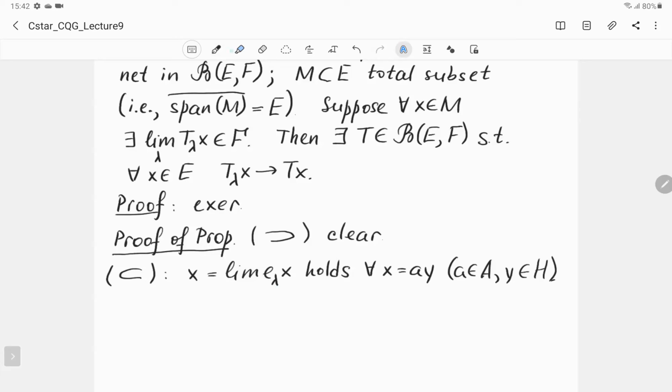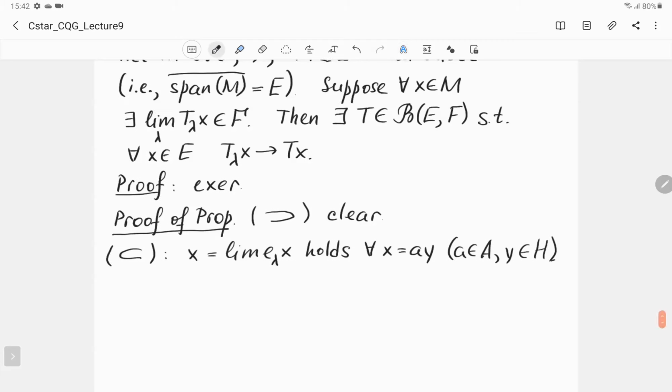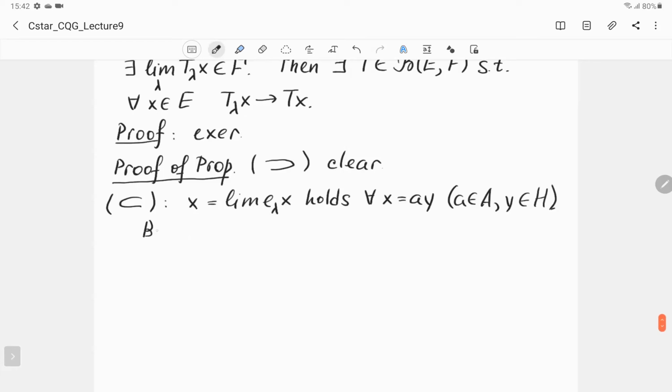And now by the definition of the essential part, the set of all such products ay is total in the essential part. And so the above lemma implies that the same equality holds for each element x in the essential part of H. And this completes the proof.